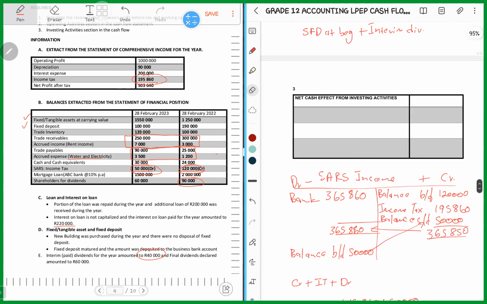Now, remember additional information D. They're saying a new building was purchased during the year and there was no disposal of fixed deposit. So here we are not going to struggle that much. Since they said there is a purchase, we're going to say purchase of fixed asset.